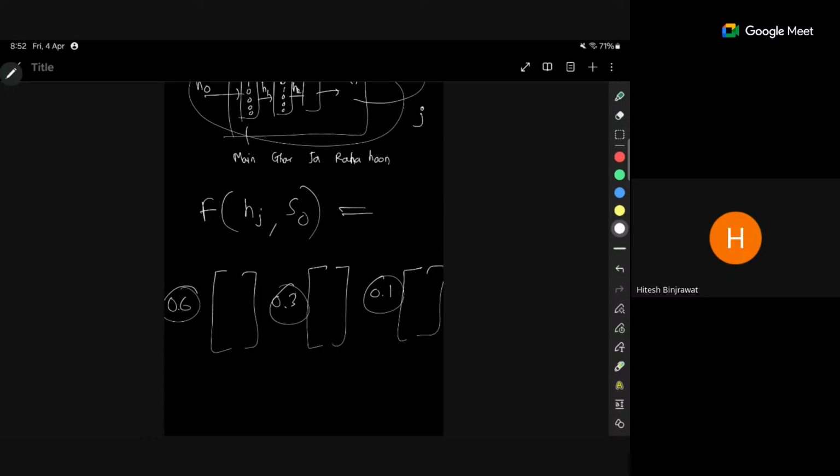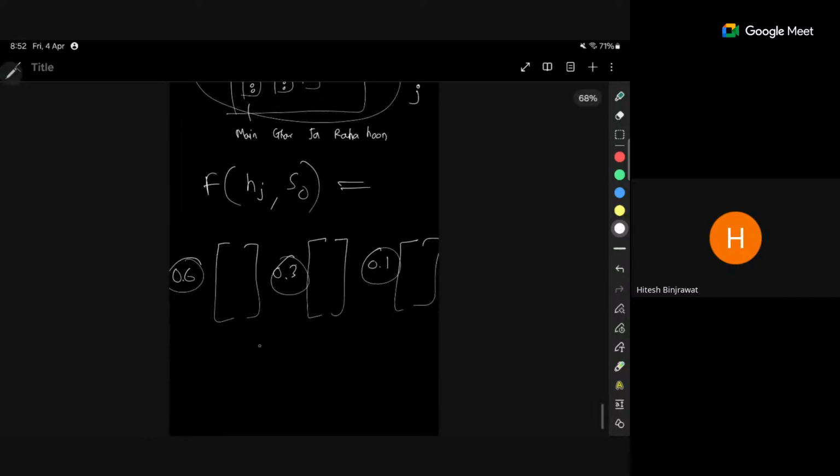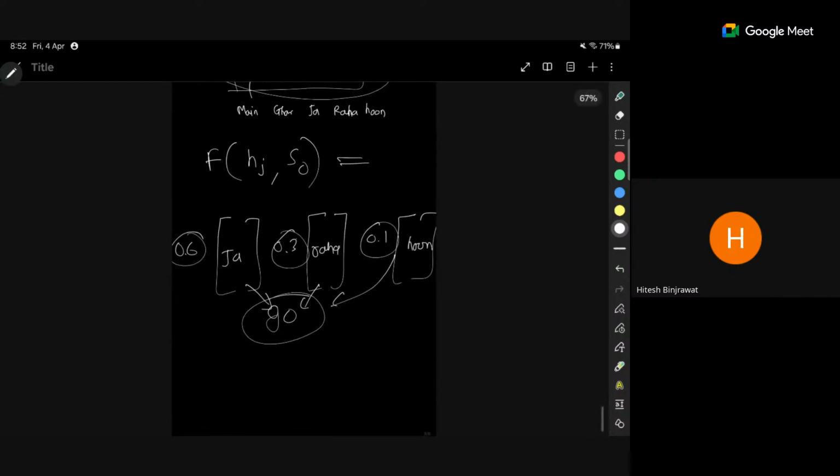If I want to write go, maybe this is ja and this is raha, so these two could have explained go in the attention thing. So I give more attention to ja and raha. This could be who or something, and it's a little irrelevant for predicting this word, but still it got some value. So this is how I want something; some function will be required to do this.